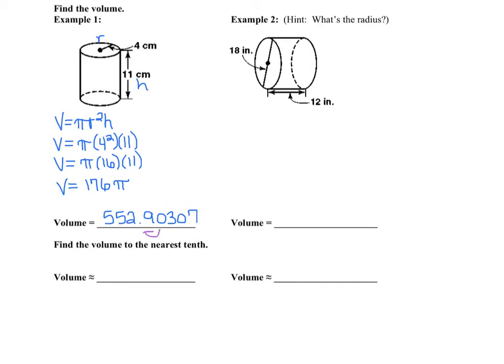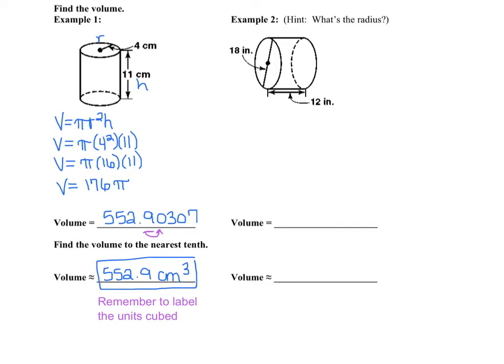So you look behind it, it's a 0. Since it's a 0, it's going to stay the same. So your answer is volume is approximately 552.9 centimeters cubed. Remember to label cubed because we're dealing with volume. So remember to label our units cubed.